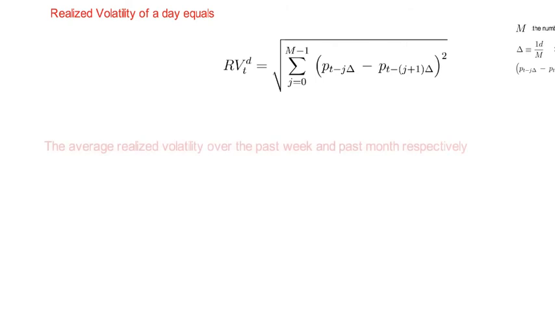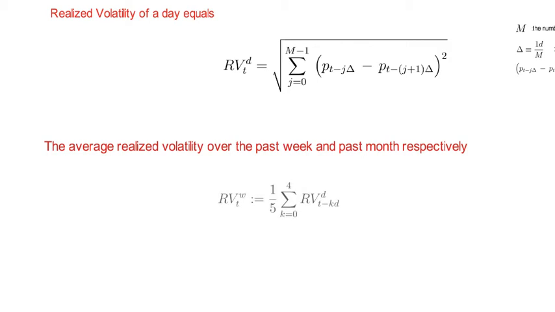I also introduce the average realized volatility over the past week and the past month, which I denote here as RVW, for W being 1 week, and RVM, M standing for monthly. They follow the respective formula here.